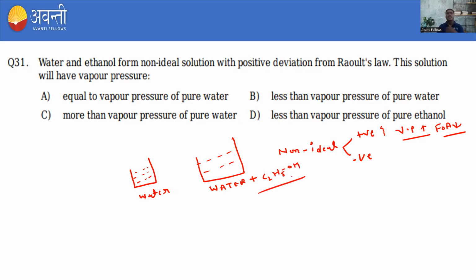The question is asking, out of these two cases, in which case the vapor pressure is more, that is more than the vapor pressure of pure water. Why? Because here the force of attraction is very weak, repulsion forces are there, so the vapor pressure increases. So which option is correct, beta? That is option C: more than the vapor pressure of pure water, right?